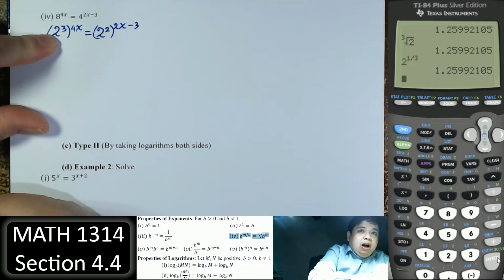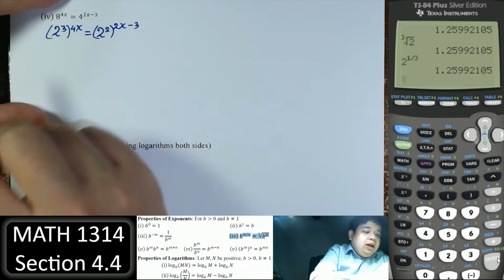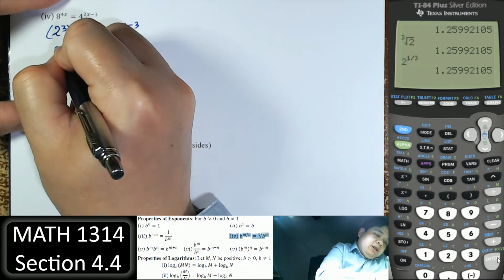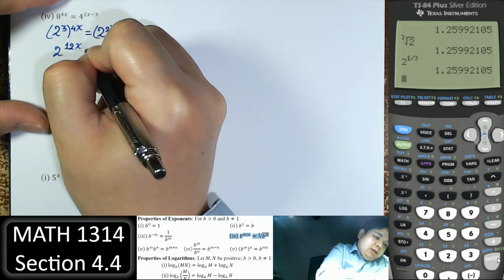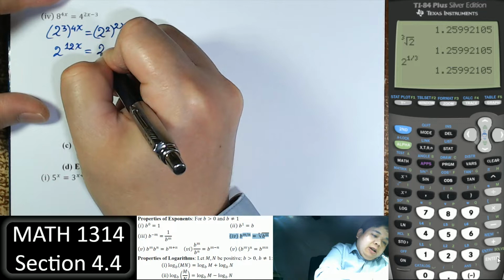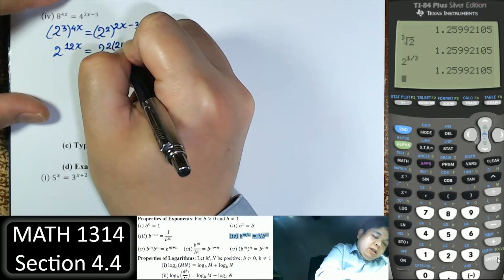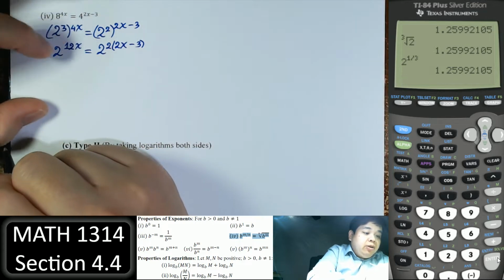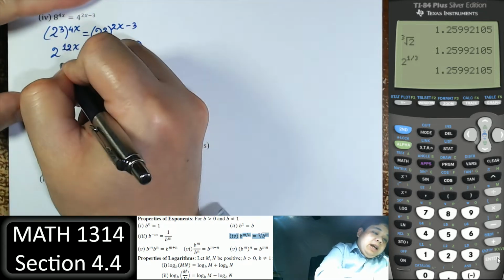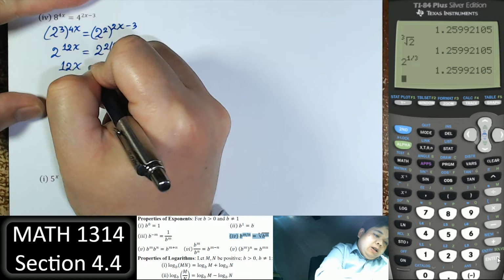And then multiply the exponents, 3 times 4x. And then here multiply the exponents. And things are equal. When the bases are equal, then the exponents are equal.